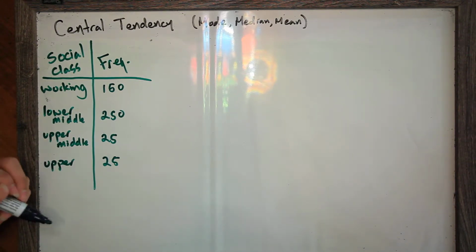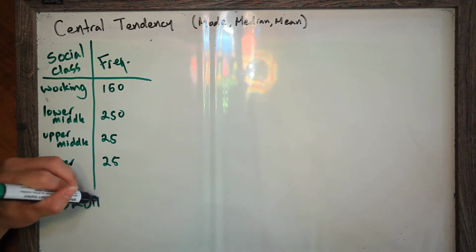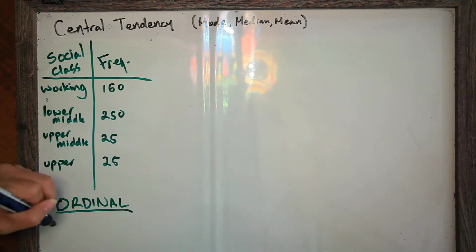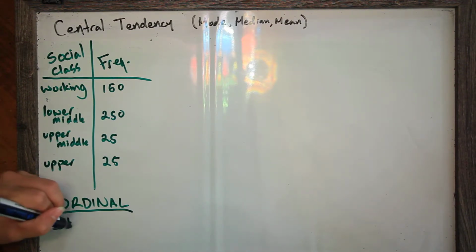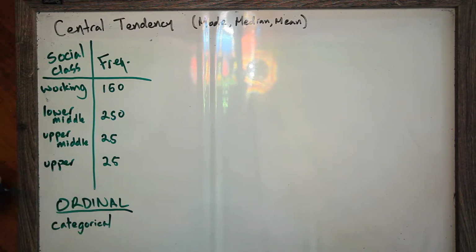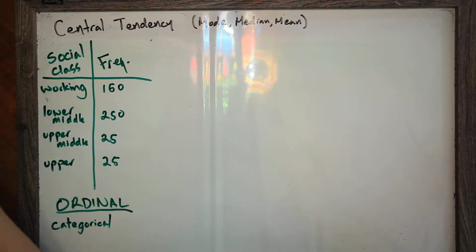We know that this data is ordinal because they are categorical, right? Each of these groups is a category. It's not a number. Ordinal values can be numbers, but generally they're going to be ranges of numbers, such as income brackets, right?